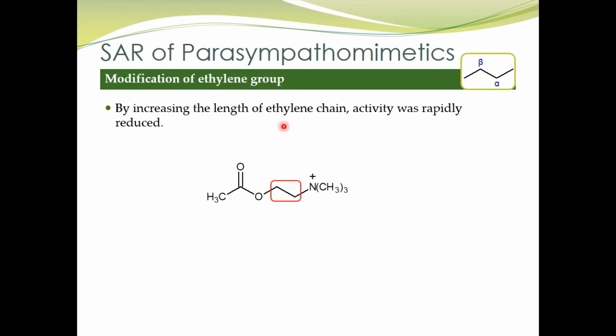If we are increasing the length of it, from CH2CH2 to CH2CH2CH2, means from ethylene it is propylene, then butylene. In this way, we are increasing the length of the ethylene chain. Activity was rapidly reduced, then pentylene and so on.